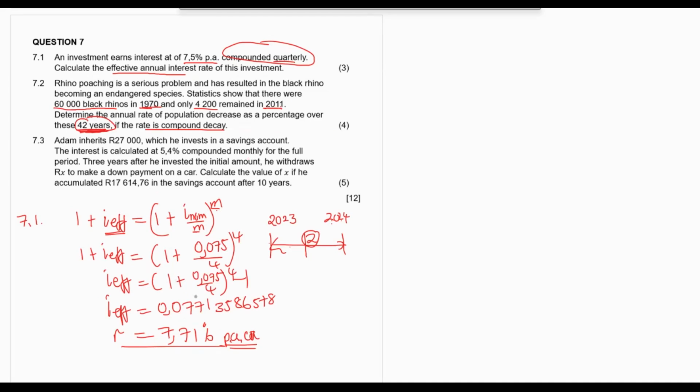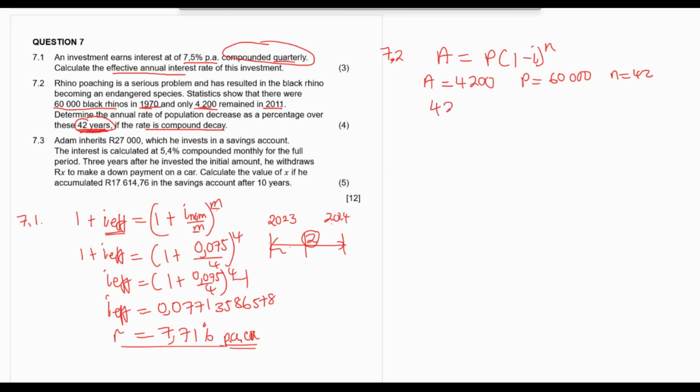This is the compound decay, so we use the compound decay formula. A is equal to P times 1 minus i to the power n. Our A is 4,200. It's compound decay, so A is smaller than P. And then P is equal to 60,000, and n is equal to 42. Then you just substitute this into the formula.